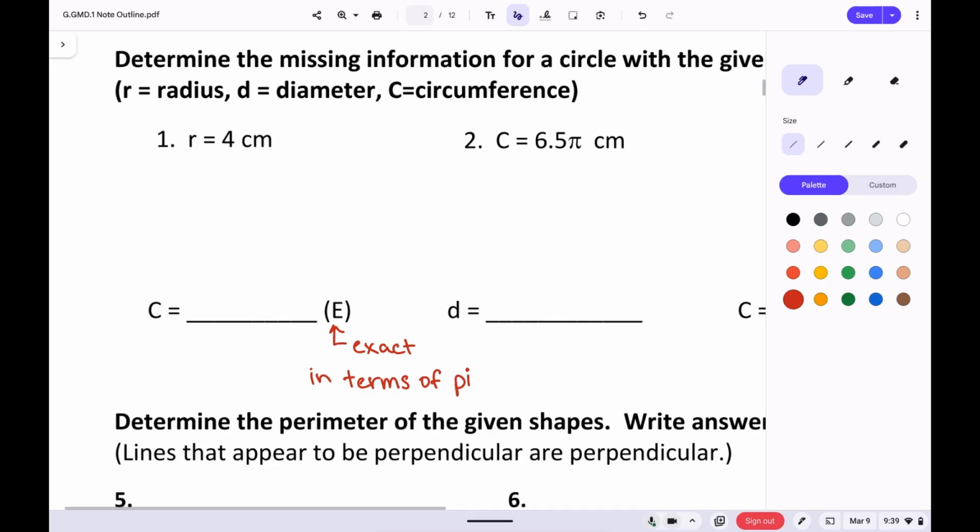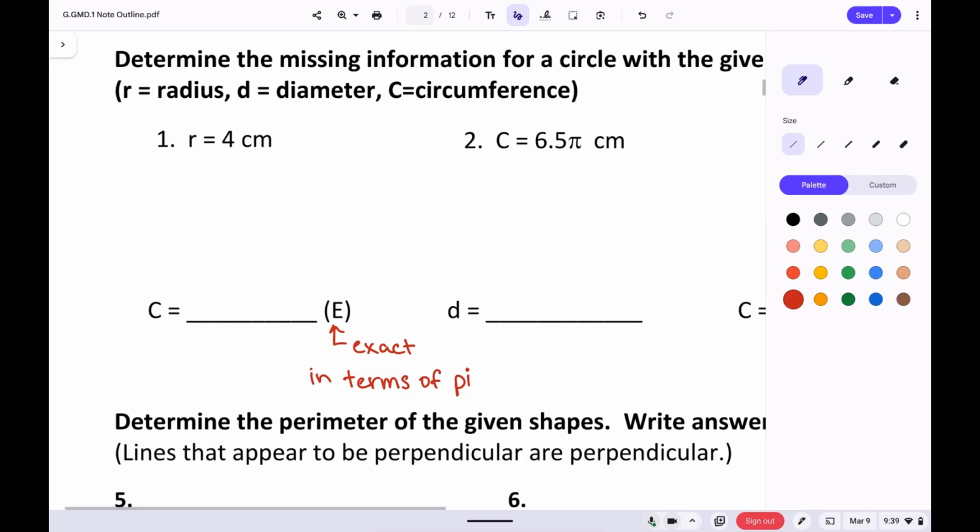If I wanted an estimation of the circumference, then I would multiply by that 3.14, or I would use my pi button on my calculator to do that for me. But for right now, I don't really want us to operate with pi because, again, that would be an approximate answer. If they want an exact answer, that means you're going to attach pi like you would attach a letter or you would attach like a square root sign if we were looking for an exact number.